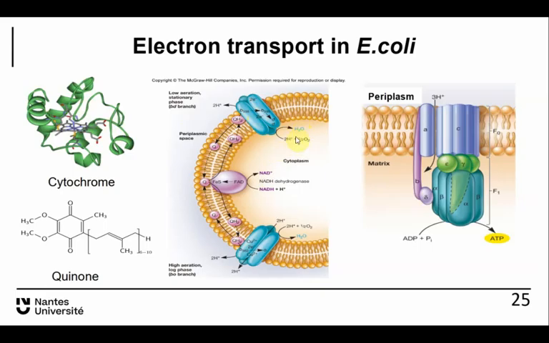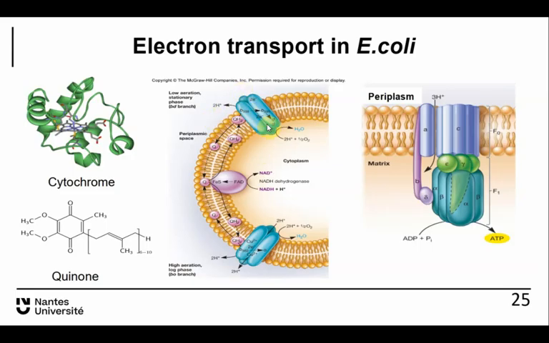And this is going to use up protons on the inside of the bacterium. So the overall result is that protons are used up on the cytosolic face of the plasma membrane and they are liberated on the periplasmic face. So you get a proton gradient across the membrane.